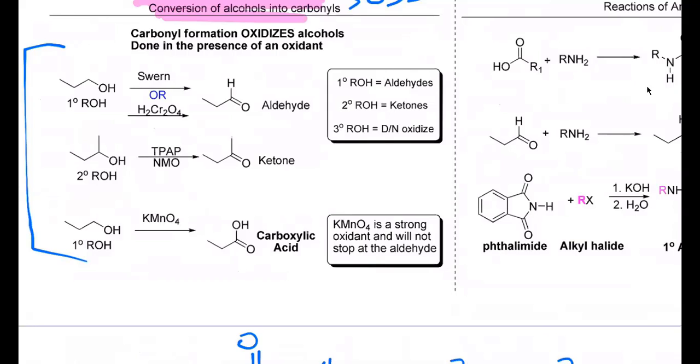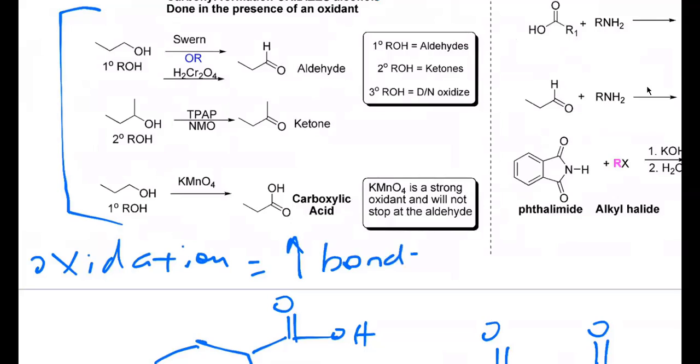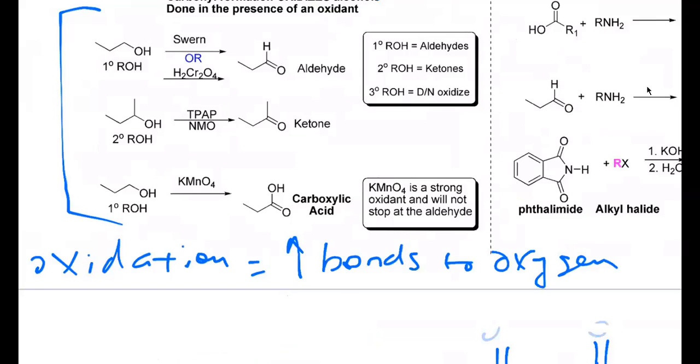In organic, when we say oxidation, the definition is a little bit different. You either increase the number of bonds to oxygen, that's one way to define oxidation, or you decrease the number of bonds to hydrogen.